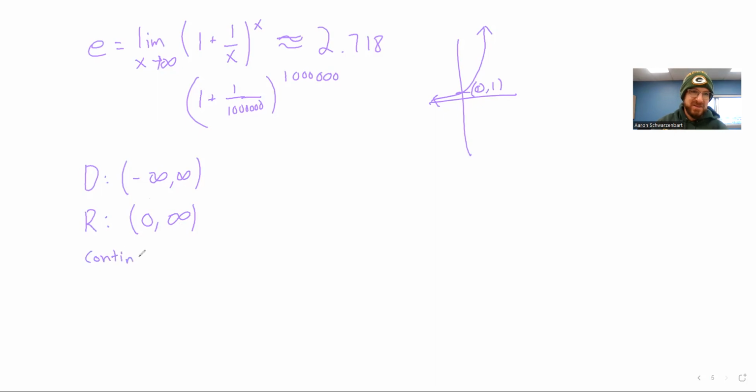It's continuous across its whole domain. There's no breaks, no jumps. It just is negative infinity to infinity. It is increasing from negative infinity to infinity. It is never decreasing.